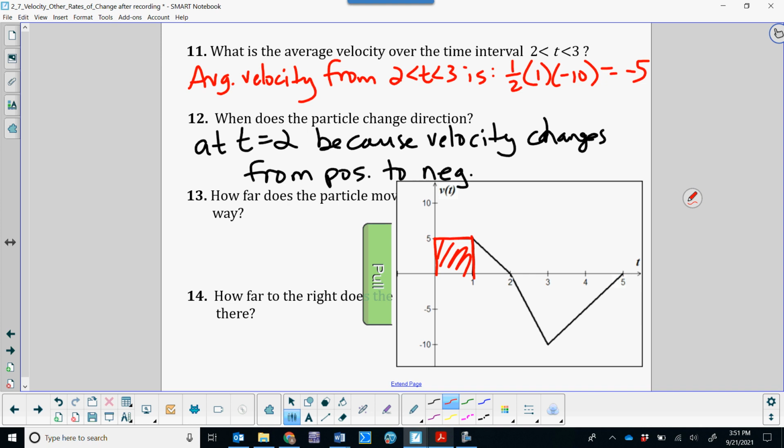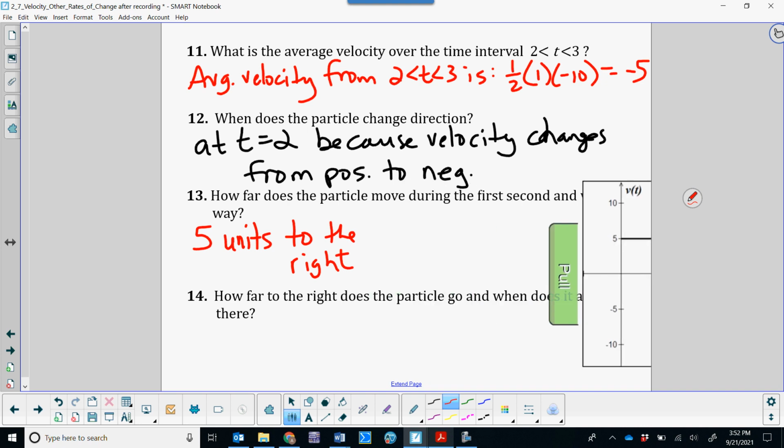So how far it moves would be 5 units. They didn't give us any units here, so it's whatever units. And it would be to the right because it's positive. We would need that area, and that would be how far we moved.